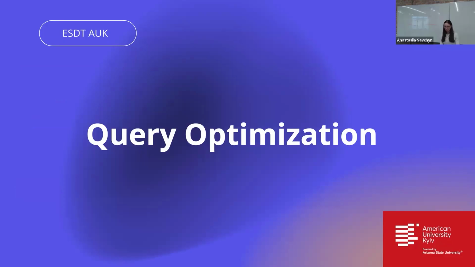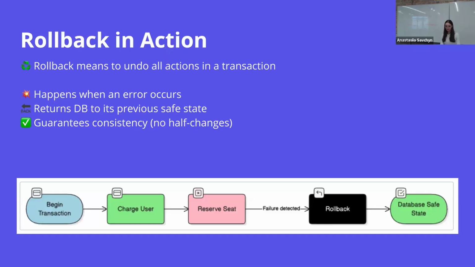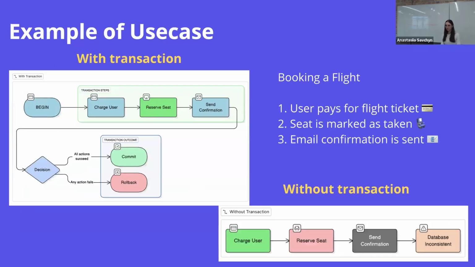Maybe, as for the previous topic, first do we have a question? We charge the user, after that we want to reserve seats, after that there can be a failure, so it will be a rollback. Do we need some other function to return this charge to the user, or how does it work? Yeah. Ideally, if that comes to work with money, we have to make a refund in such a case and just return the money to the user.